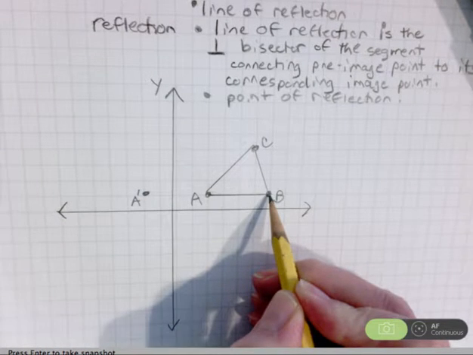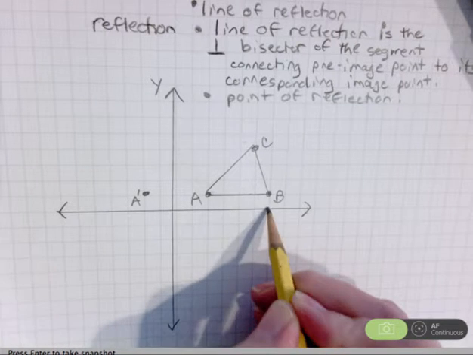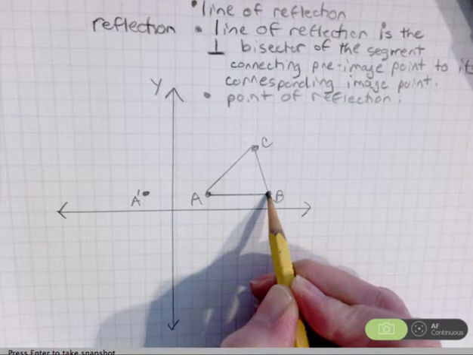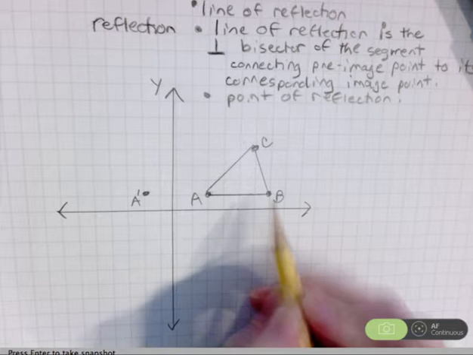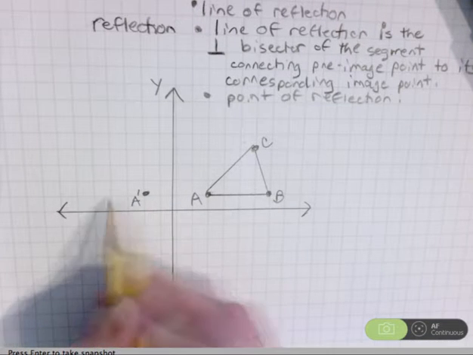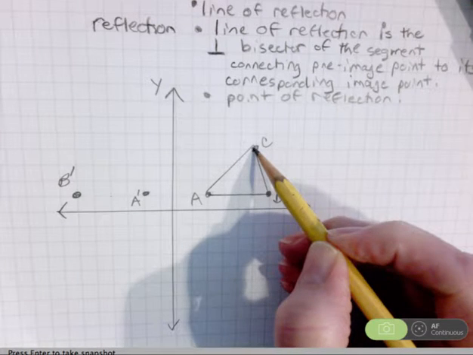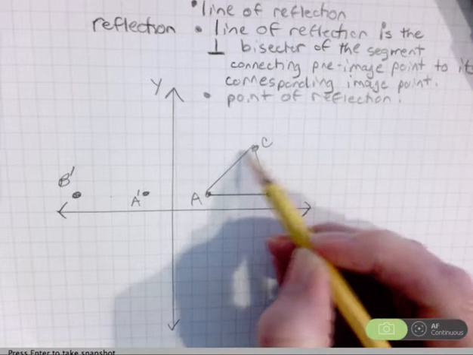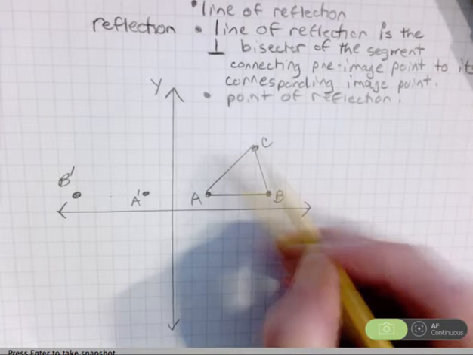Notice point B is 2, 4, 6 units to the right of the y-axis. So point B prime will be 6 units to the left of the y-axis. 2, 4, 6. B prime there. And notice point C is 2, 4, 5 units to the right of the y-axis.